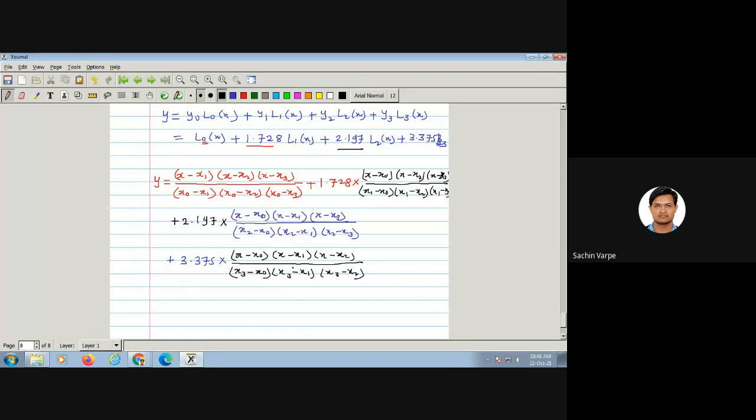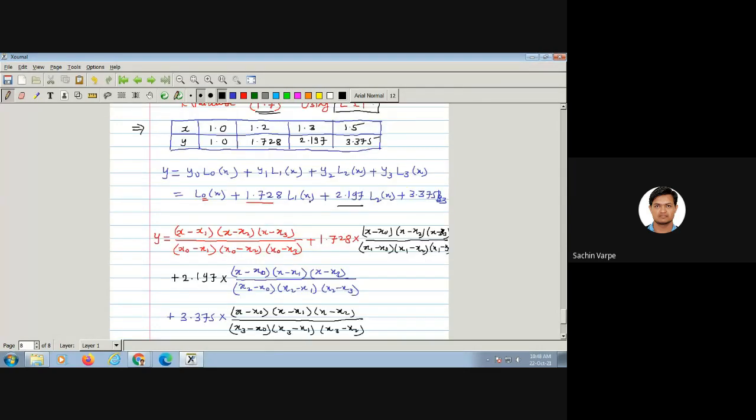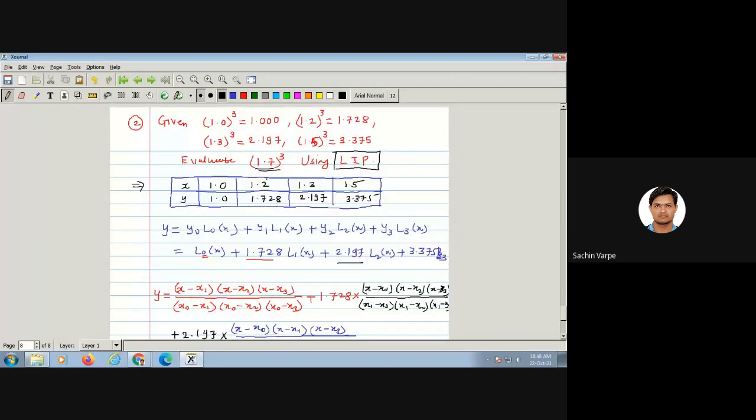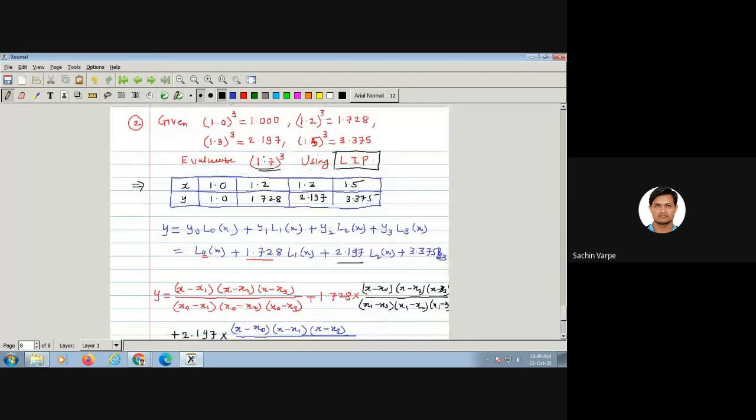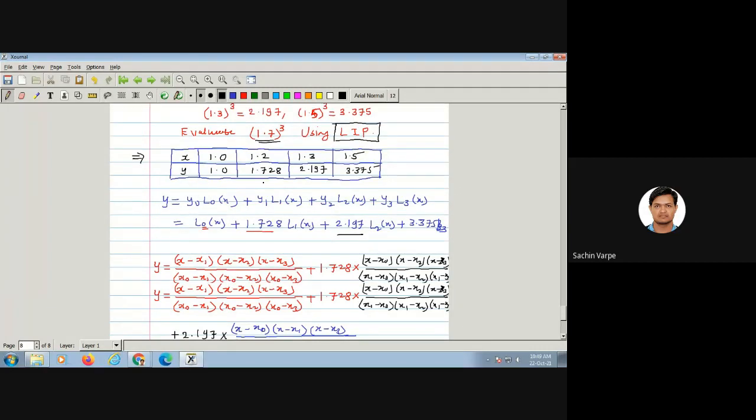Yeah. So see here, we have not been asked to find the Lagrange's interpolating polynomial. With the help of that, we have been asked to find the value of this, right? So instead of simplifying these brackets and multiplying, we can directly substitute the value of x given. What is x given here? We have been asked to find the value of y corresponding to x equal to 1.7, right?